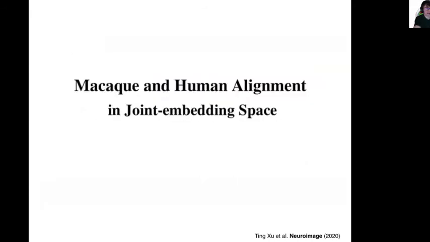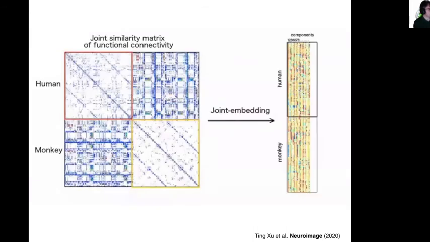Reading the brain in terms of gradients also gives you the unique opportunity to bridge the gap between species, and this has been beautifully illustrated by this study by Ting Zhu. What they did essentially is put together in the same matrix human and monkey functional connectivity. So on the top left red square, you have the connectivity of humans with themselves.